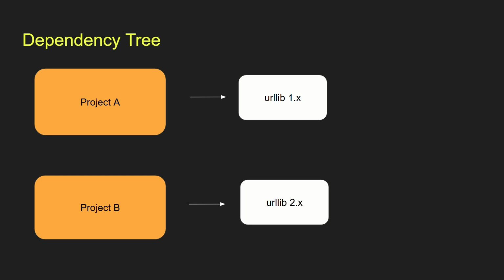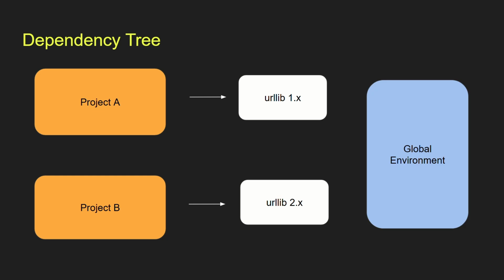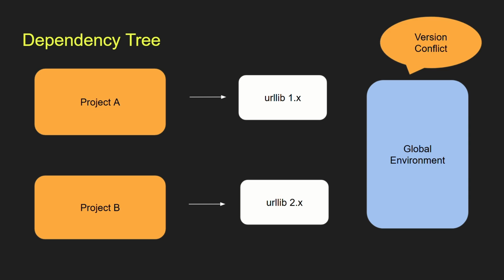Now, both projects are indirectly fighting over the same dependencies but different versions, and Python cannot satisfy both at the same time in a shared environment. This is what we call a version conflict. And this is why sometimes you install one package and something completely unrelated breaks. It is not happening randomly, it is a dependency resolution failing silently.